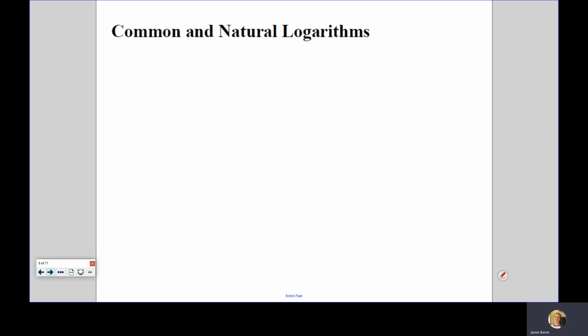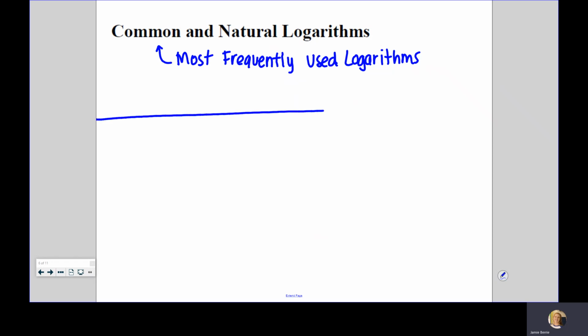All right, so we have two types of special logarithms. These are the most frequently used logarithms: the common logarithm and the natural logarithm. So they get their own special name and their own special button on the calculator. I'm going to make a little table here to tell you about these two logarithms.